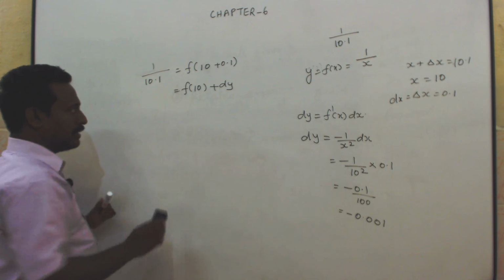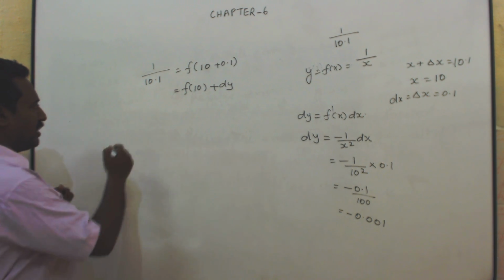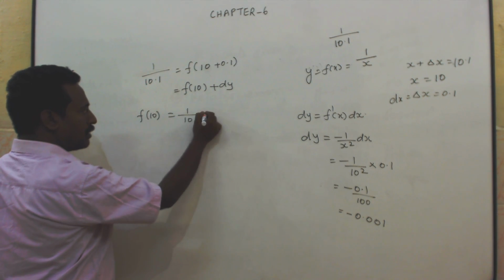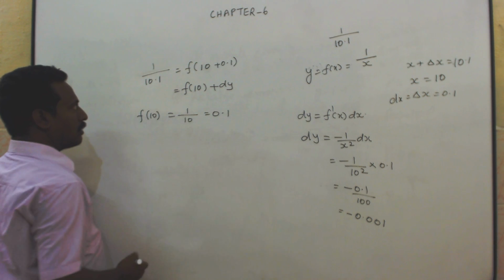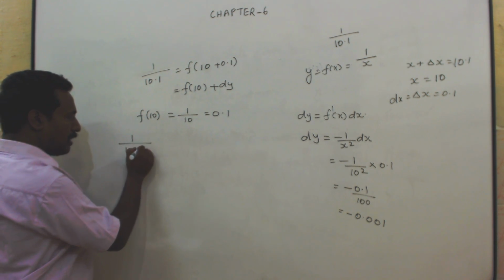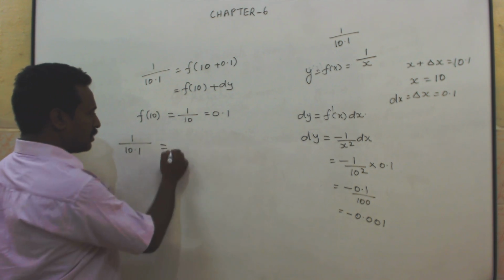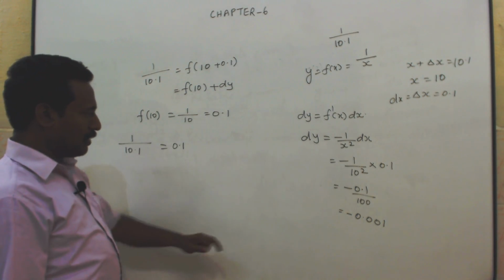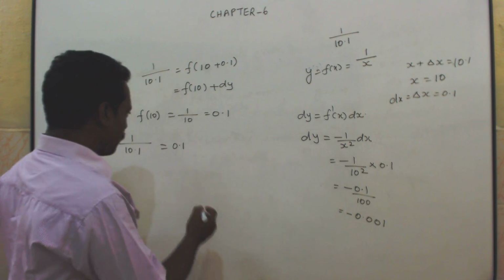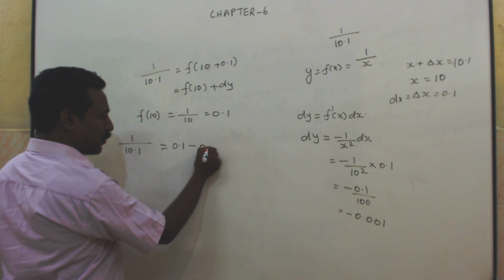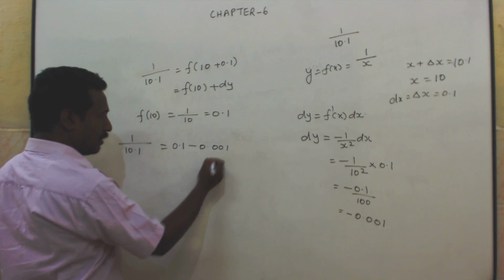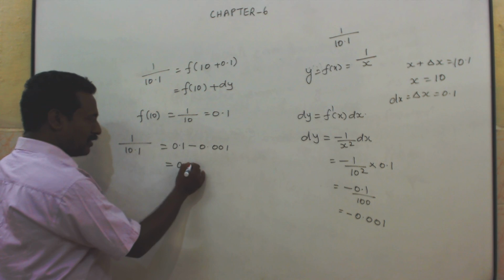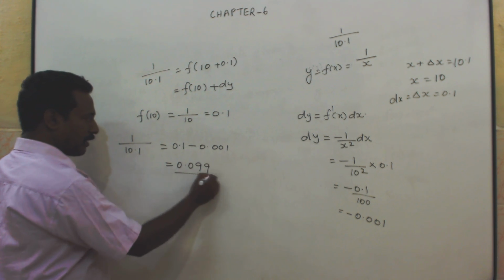Now, we have to calculate. f of 10 is 1 by 10, that is 0.1. 1 by 10.1 is equal to 0.1 plus dy. What is dy? Minus 0.001. When we subtract this, we will get 0.099.